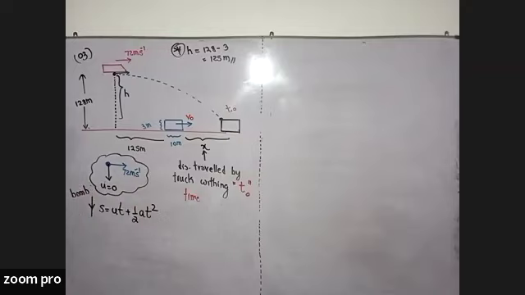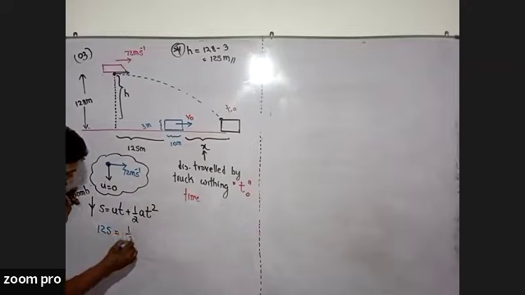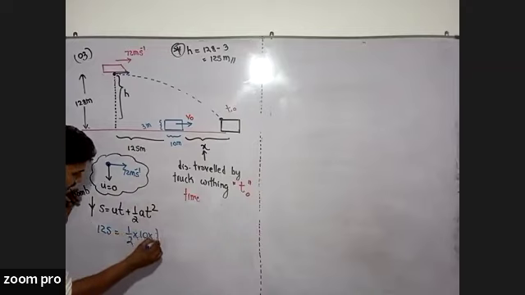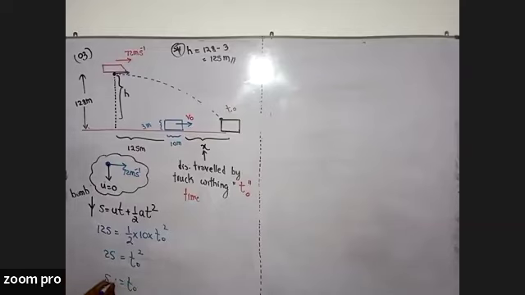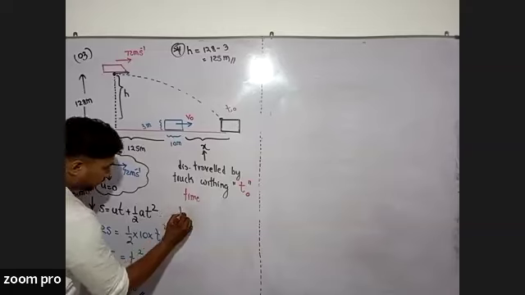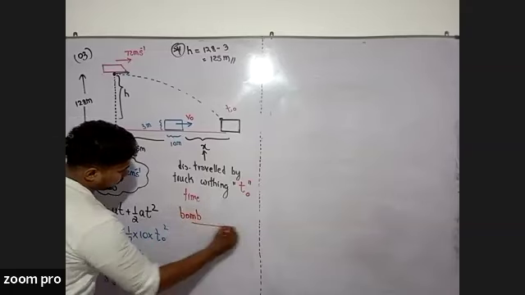The vertical distance traveled by the bomb is 125, not 128, and the initial velocity is 0, so it should be plus 5 t naught squared. Then you can figure out that t naught squared equals 25, then t naught equals 5 seconds.